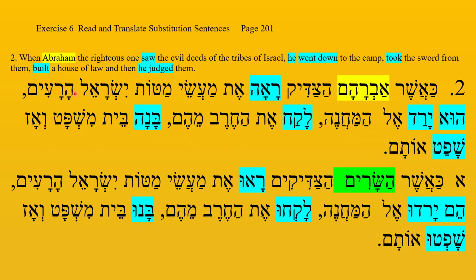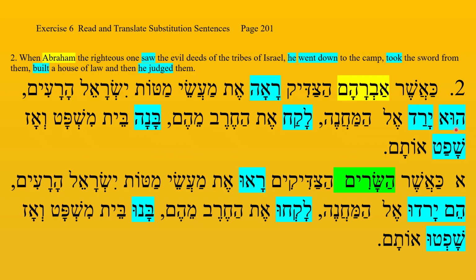All right, so you come to this and you say, wait a minute, that doesn't make sense. So now you look at this, it's a definite marker. So you have an adjective here that has to have a definite noun to connect with, and it has to be a masculine plural definite noun. So in the sentence, that's going to eliminate matot and Israel, and the only one it can attach to is deeds.